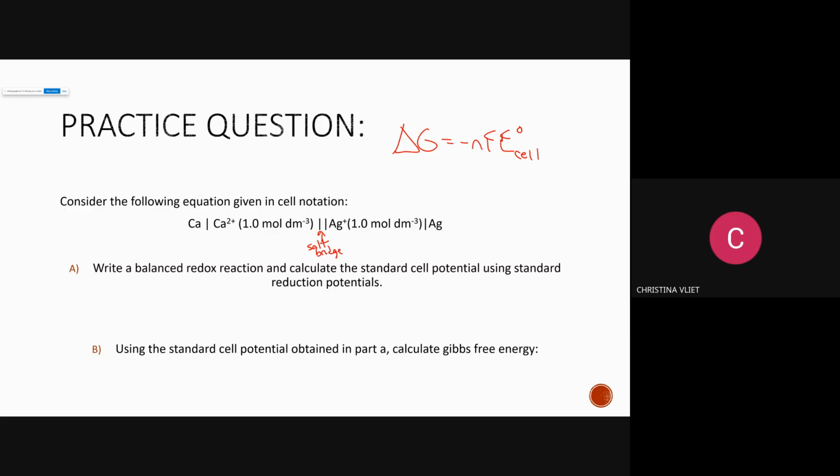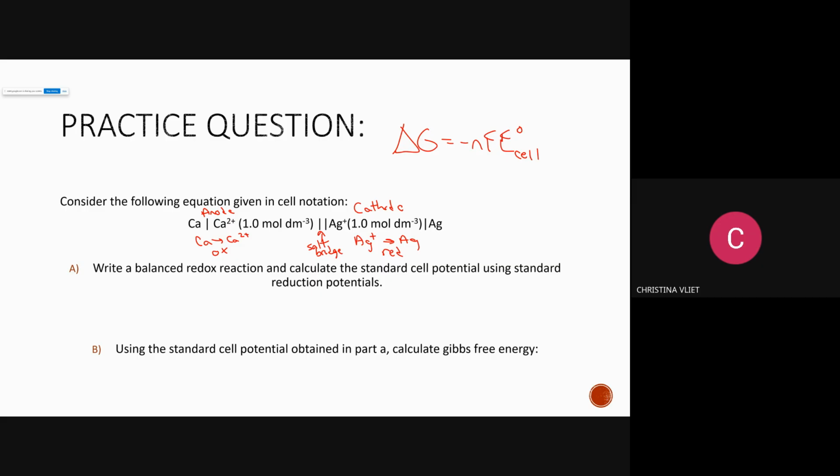And what they do is they actually tell you what's happening. You read it left to right. Calcium goes to calcium 2+, and silver plus goes to silver. So they tell you what's being oxidized, and they tell you what's being reduced. This is being oxidized, and this is being reduced. This is the anode, and this is the cathode. This is how, when I was learning it, it was presented in America.